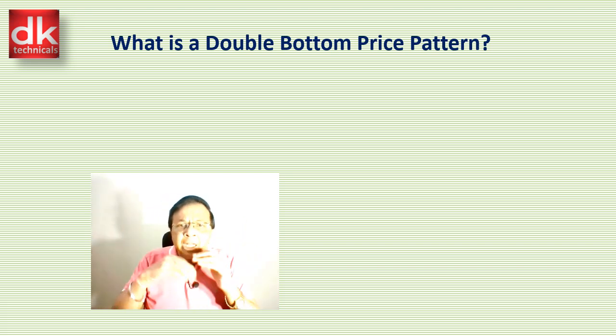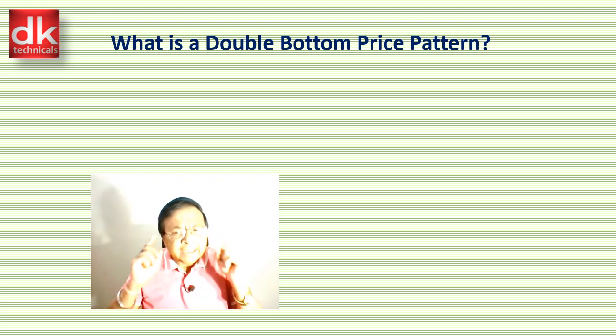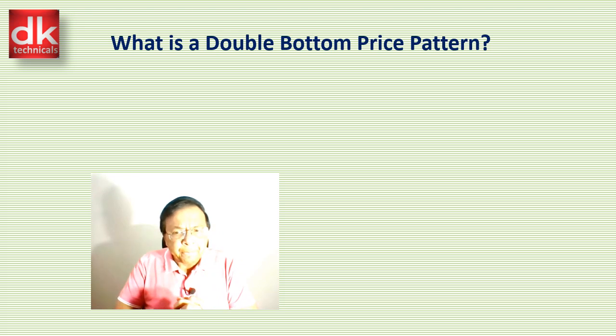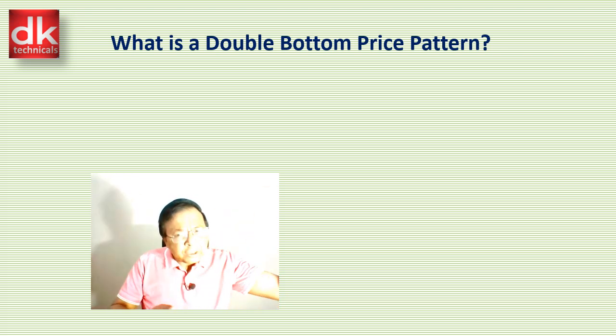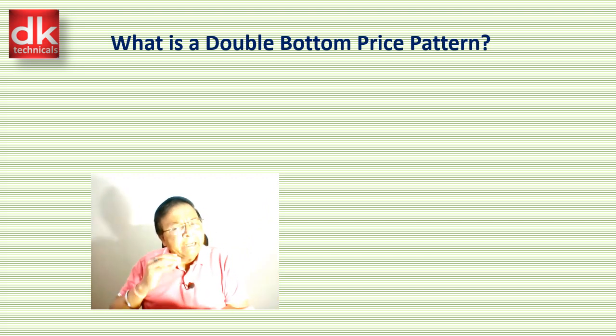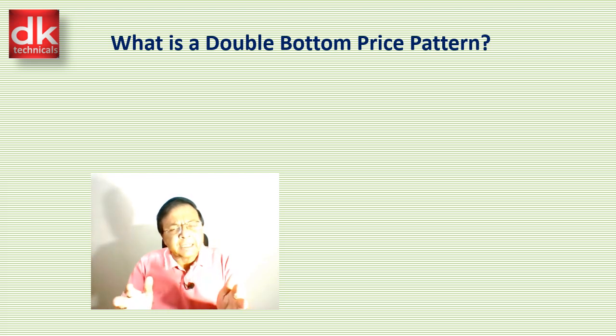So friends, what does double bottom formation indicate in terms of market psychology? The market was in a downtrend, making lower highs and lower lows, which is the market structure in a downtrending market.